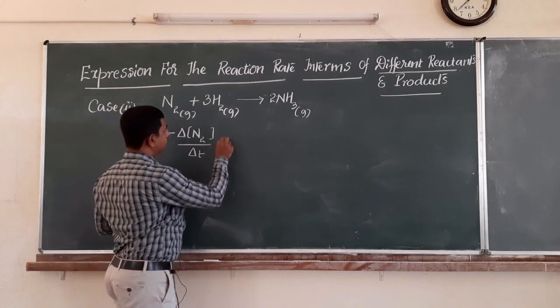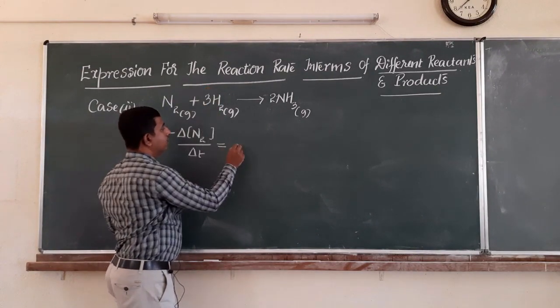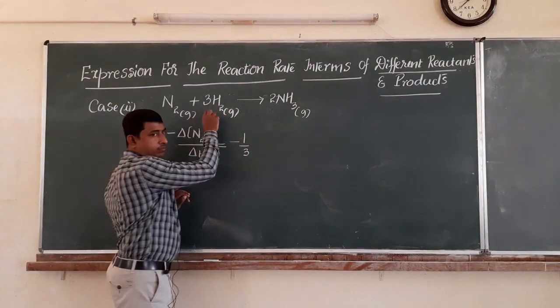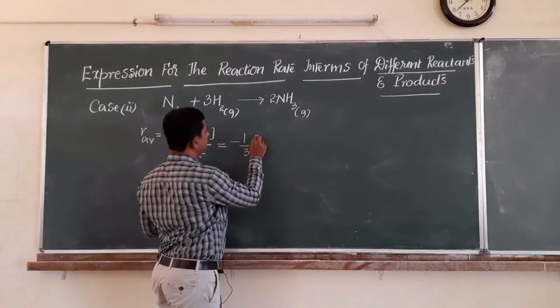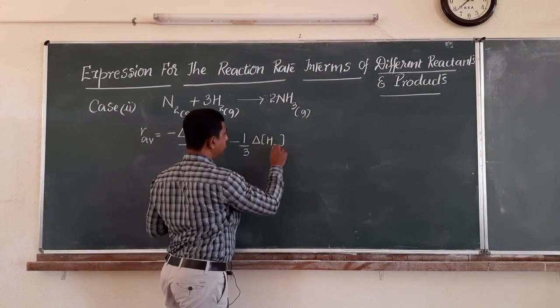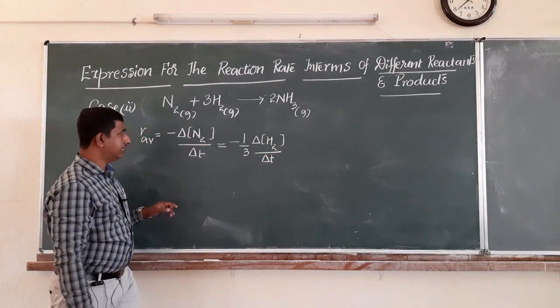It is equal to, since the stoichiometric coefficient is 3, I have to divide it by 3, so minus 1 by 3 delta concentration of H2 by delta T.